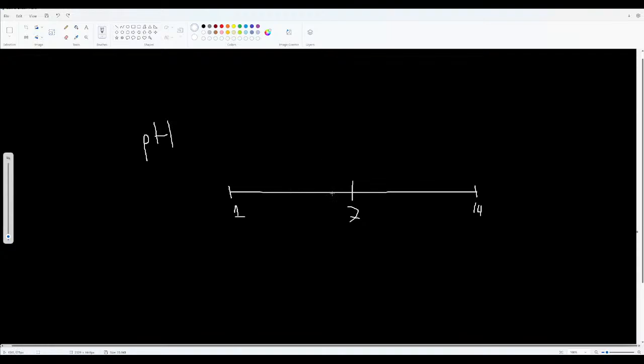I just had some questions regarding that. It's an exponential scale, right? So as we go this way, as we are gaining more protons, we are getting more acidic.